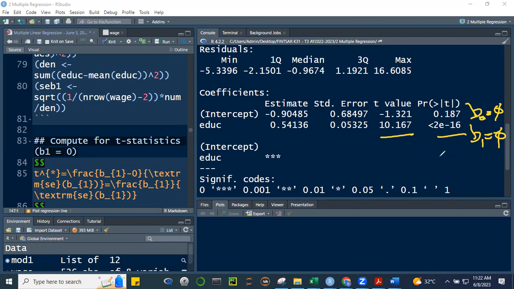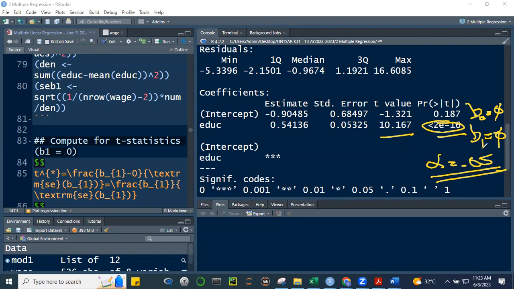For the p-value, our level of significance is 0.05, so we compare our p-value to our level of significance. If the p-value is small relative to your level of significance alpha, then we reject the null hypothesis. In the case of education, we can see here that this is a number that has so many zeros. It's practically 0.